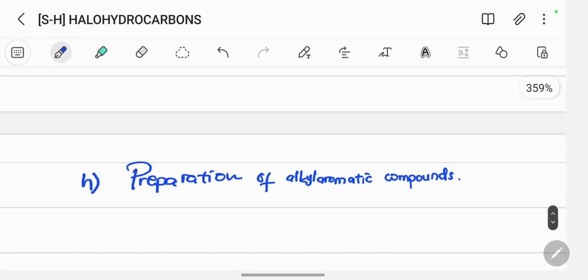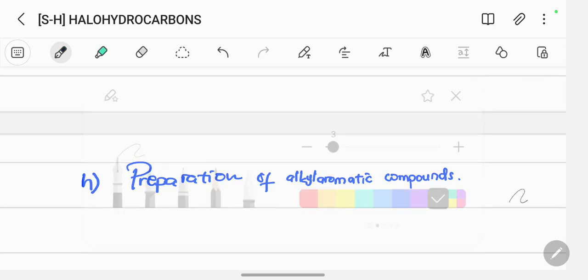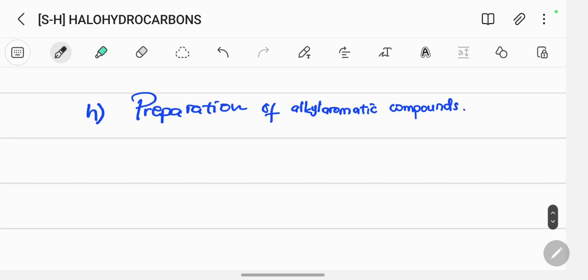Now, which kind of reactions are these? I'm going to put here a hashtag on it. We shall call it Friedel-Crafts alkylation, but we shall talk more about it when we reach the alkylation.